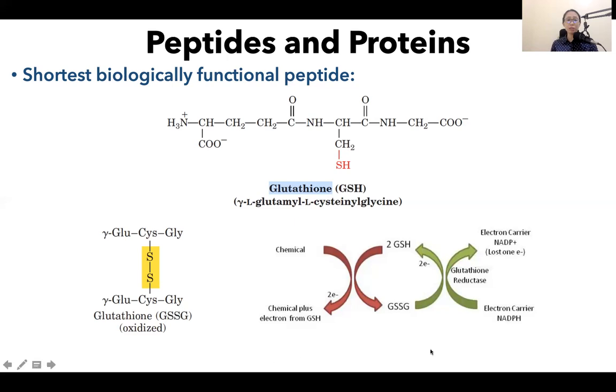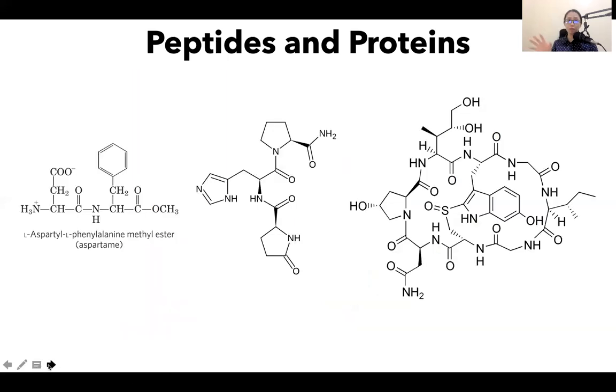Now, aside from this glutathione, you have other short peptides that have functions. We have here a dipeptide. So do you recognize the amino acids? So you have here aspartate and what is this? Phenylalanine, right? So at the N terminal, you have aspartic acid or aspartate.